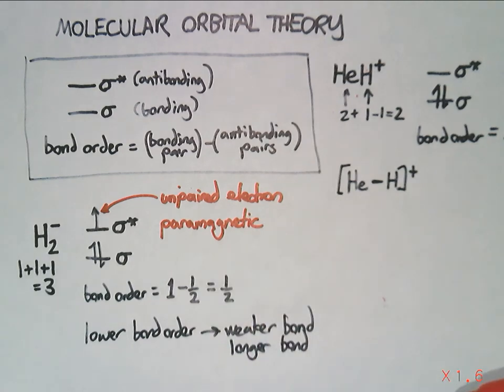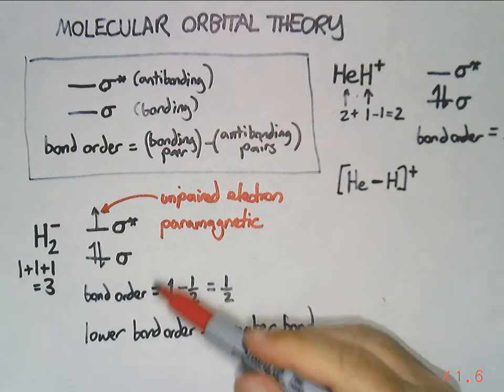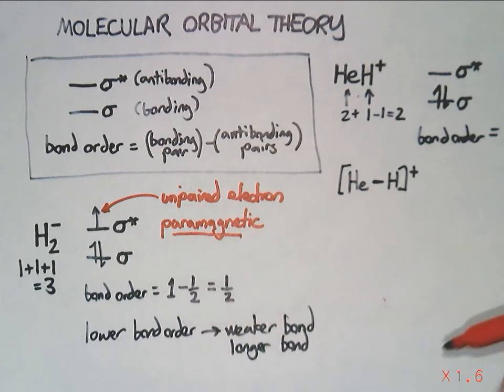And what does this mean? It means that if you were to have a magnet, this stuff would be attracted to it. And if you were to weigh some H2 minus in a magnetic field, its weight would be different than it would be out of a magnetic field, because it would be attracted to the magnet. So this would be a paramagnetic molecule. So you can tell whether a molecule is paramagnetic or not by how many unpaired electrons it's got. If it doesn't have any, it's not paramagnetic.